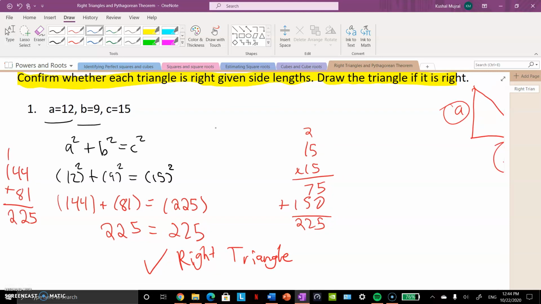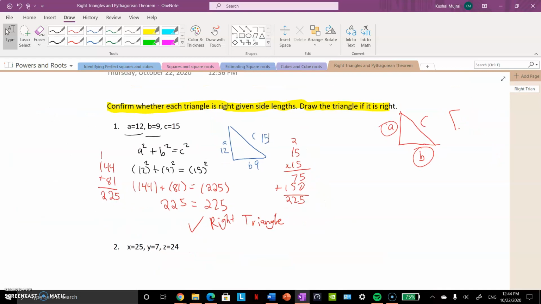So, let me draw in a different color. Okay, so this is side A, this is side B, this is side C. A is 12, B is 9, C is 15, okay? Actually, it's not even necessary to write the A, B, C, but if you would like, then it's always a good idea, okay?